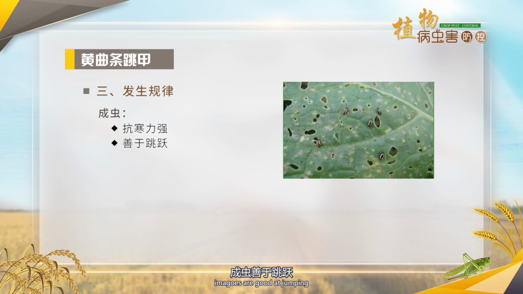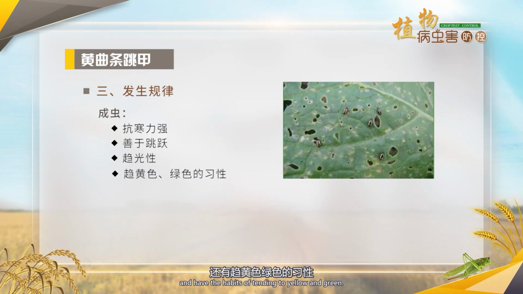Imagos are good at jumping and can fly at high temperature. They have phototaxis, are particularly sensitive to black light lamps, and have the habits of tending to yellow and green. They like to eat young parts, and also harm petioles and flowers.